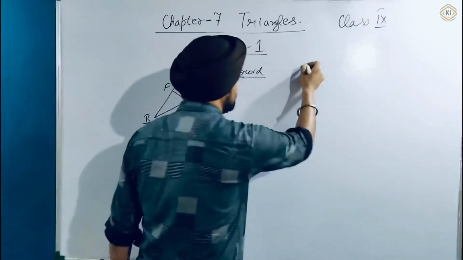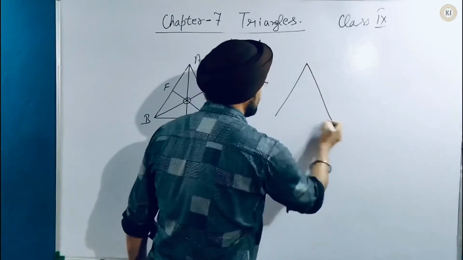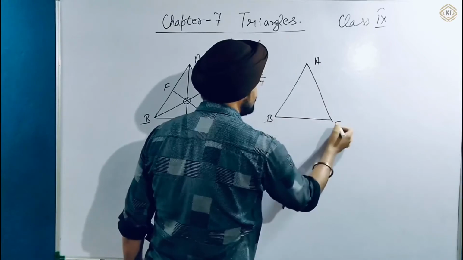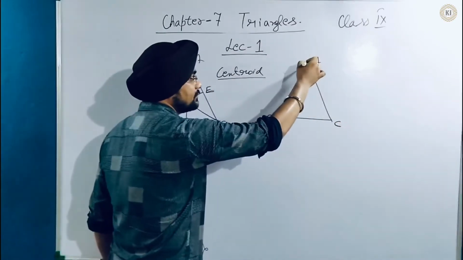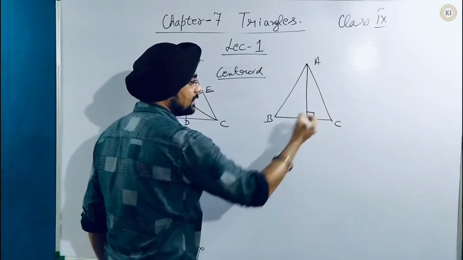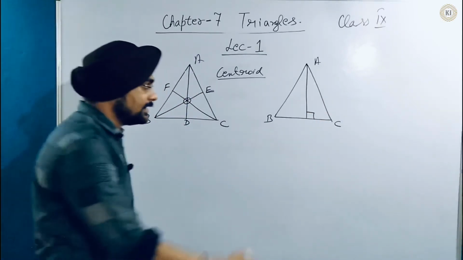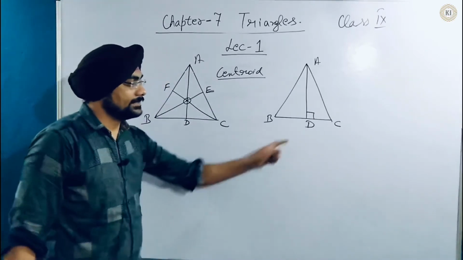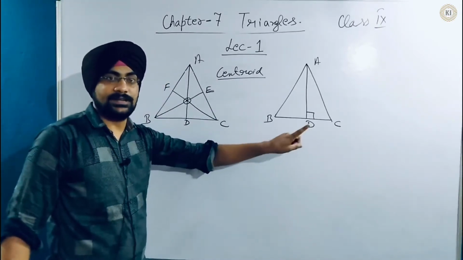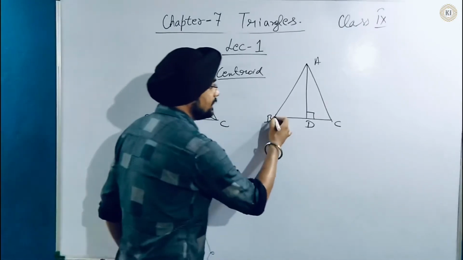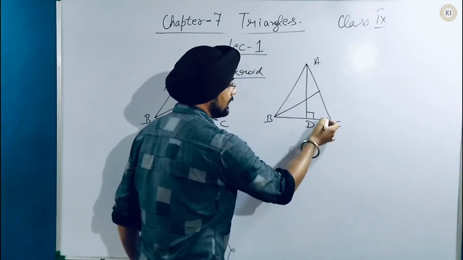Next is altitude. Altitude means the height. So altitude is a line segment that joins one vertex of a triangle to its opposite side, making an angle of 90 degree. So here AD will be the altitude of the triangle, but D is not the midpoint. D will be the midpoint in the case of medians. So there will be three altitudes in a triangle.